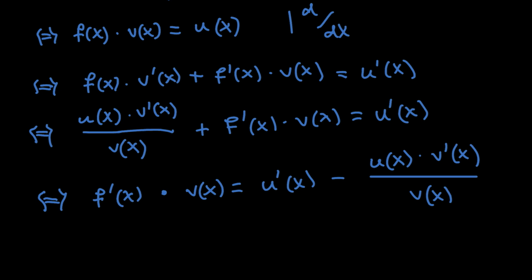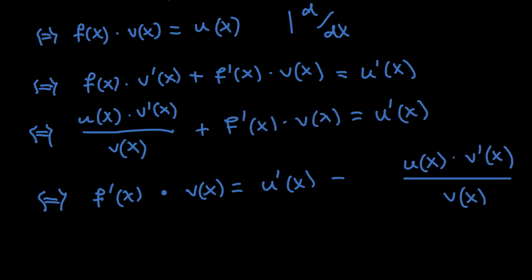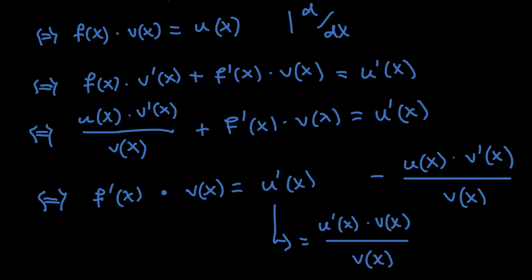And I'm going to move this a little to the right, as well as the minus, because now this u dashed of x, I'm going to rewrite as u dashed of x times v of x over v of x. So essentially I'm amplifying by v of x.